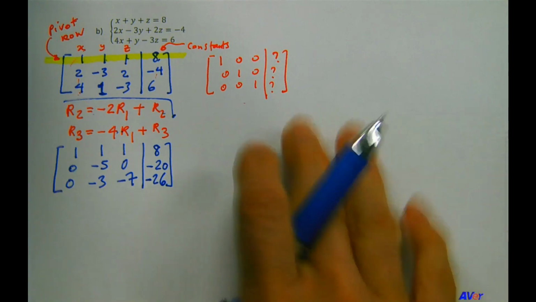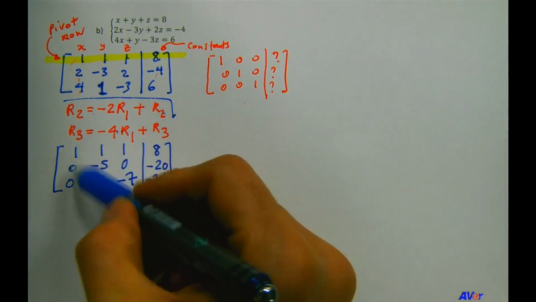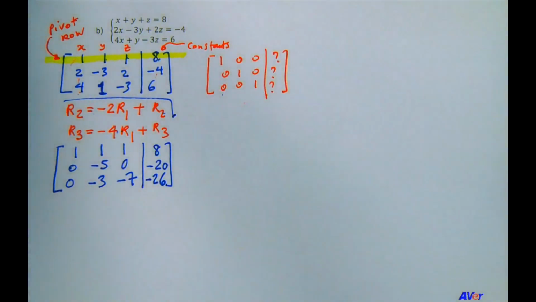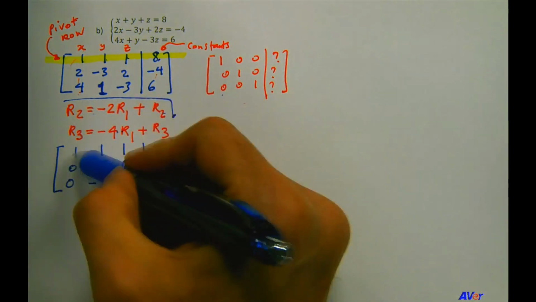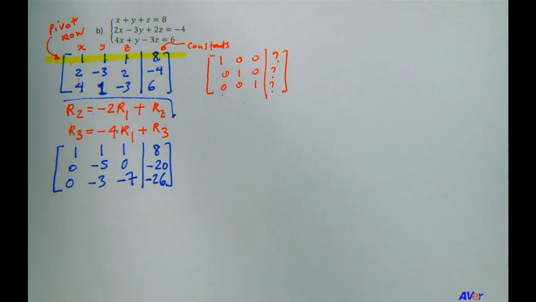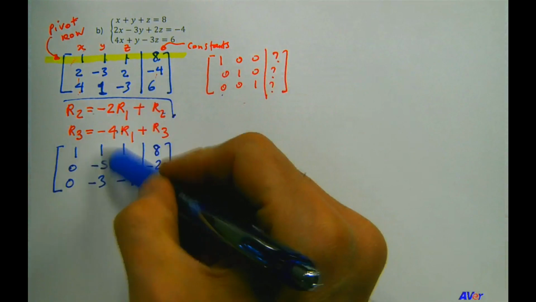Okay, so now compare the first column with the first column in the reduced row echelon form. Are we done with the first column? Yes, we are, right? We are done with the first column. 1, 0, 0, 1, 0, 0. So what do we do now? We move to the second column, to this column.